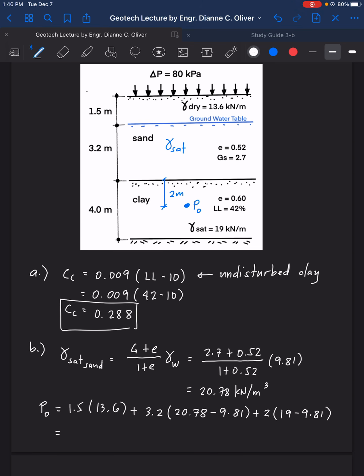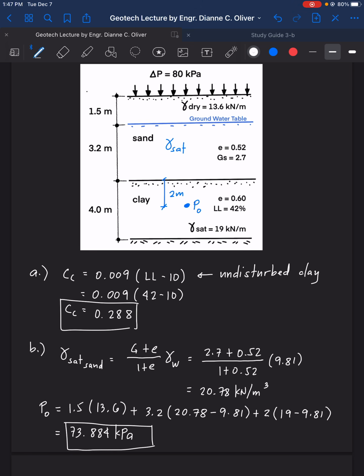So P sub O is equal to 1.5 times 13.6 plus 3.2 times 20.78 minus 9.81 plus 2 times 19 minus 9.81, and that is equal to 73.884 kilopascal.